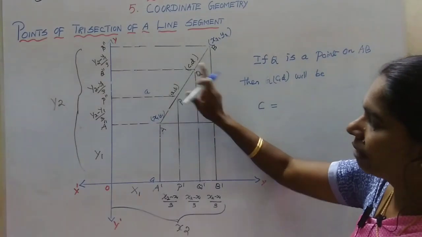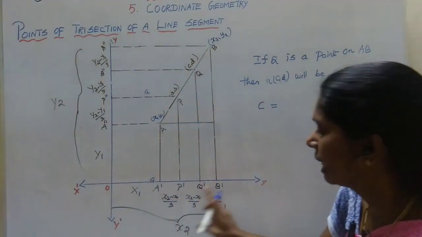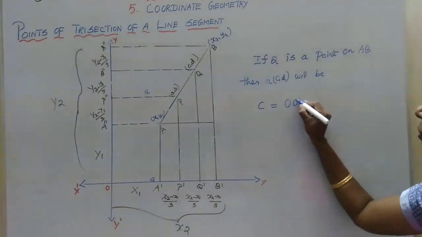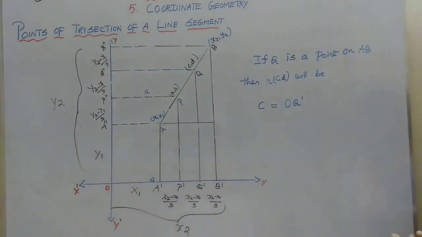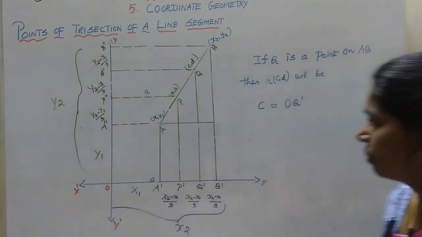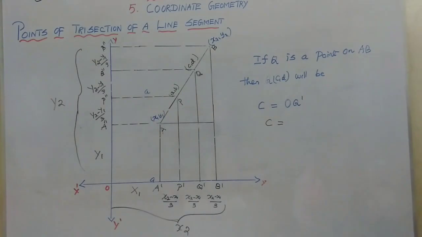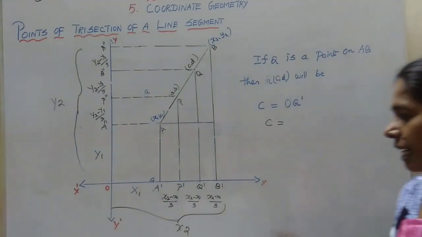So to find C we have to find the length of OQ dash. What is the meaning of OQ dash? In the OQ dash length we have to find. So how to take this OQ dash? According to this graph, shall I write like this?